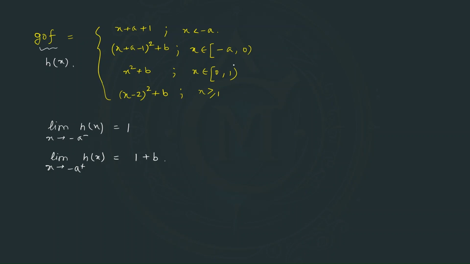Similarly, if we calculate for x equal to 0, we get limit x tending to 0 minus h of x is simply, we are approaching from the left of 0, so this definition will work.